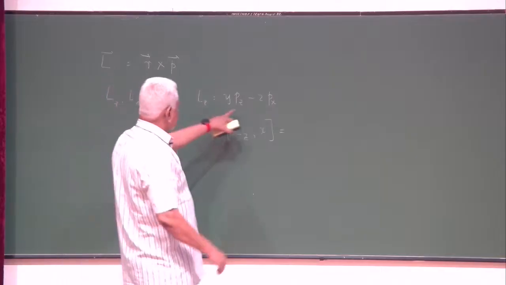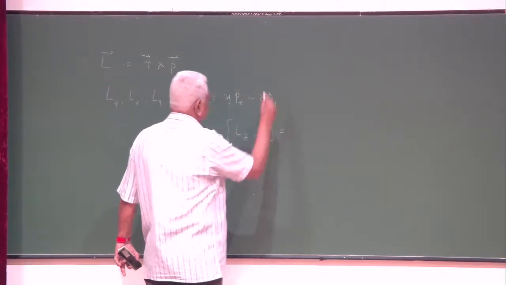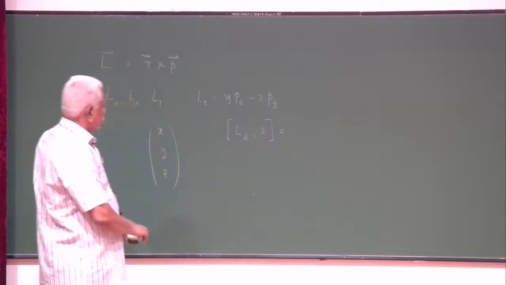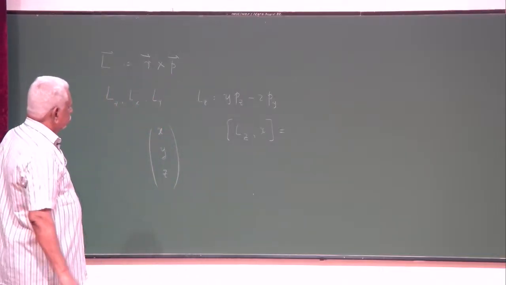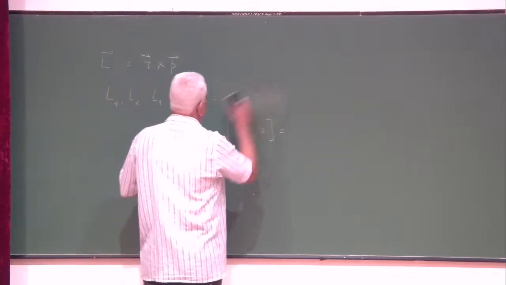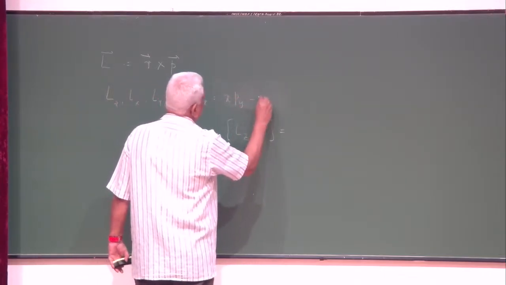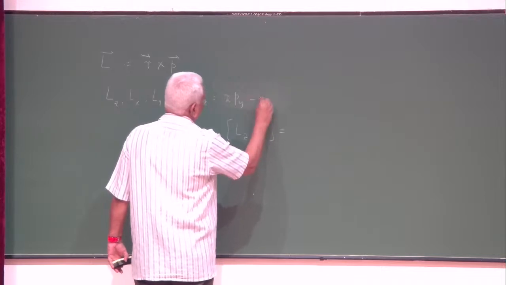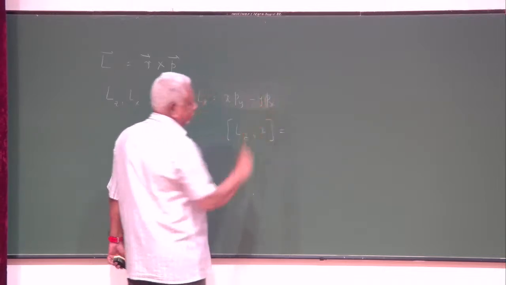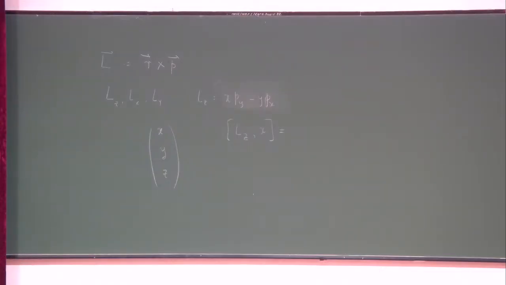It is y p z, no, sorry, this is not correct. This is x p y minus y p x. That is what we will have, r cross p.